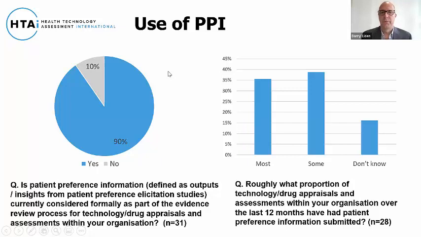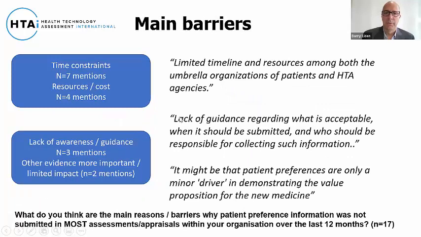The first question that we were somewhat surprised by was the percentage of respondents that actually are, or believe they are, using patient preference information in their decision making, and responded that in the last year, most or some of the drug or technology appraisals that have been submitted had included PPI in their appraisal.